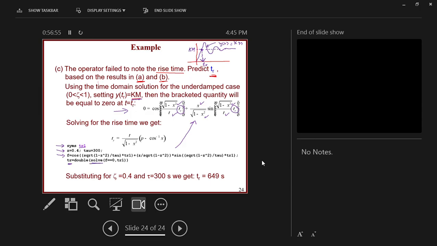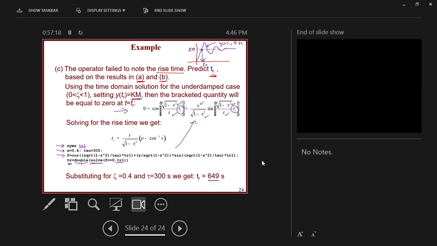We write it this way: solve between brackets f, which is this function, f equal to 0, comma TR1, and then this double is used to convert from symbolic to numeric value. This will give us the value of TR as 694 seconds.